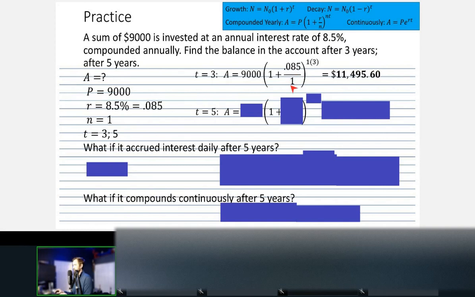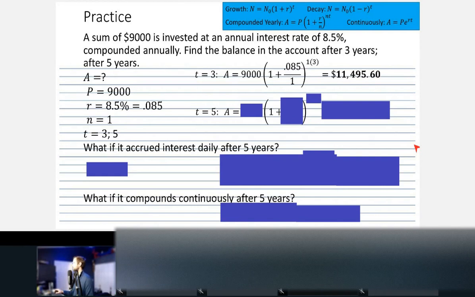You should have just simplified this to 1 plus 0.085, or even typing it as 1.085. But hopefully, if you see you can simplify some stuff like this, you do that before entering it. It'll make entering it a little easier. All right, and then what is the amount after 5 years?